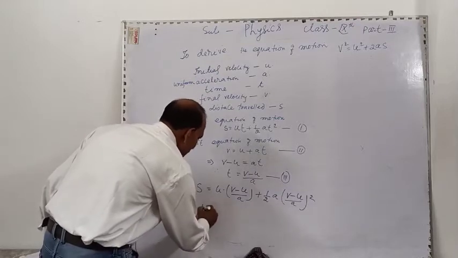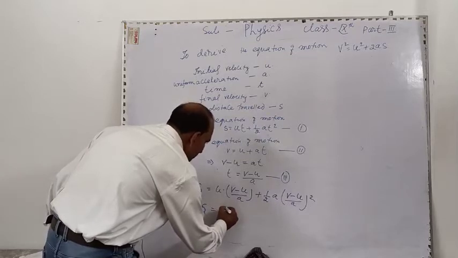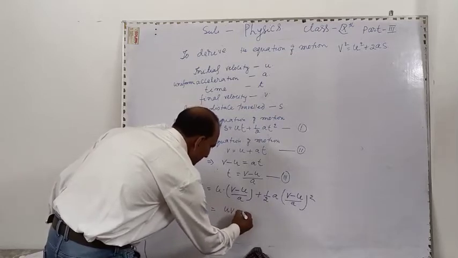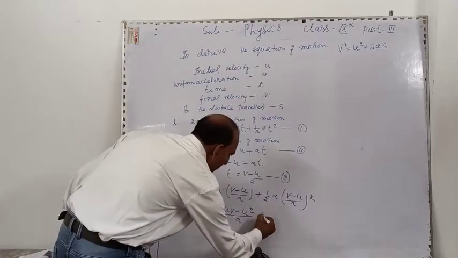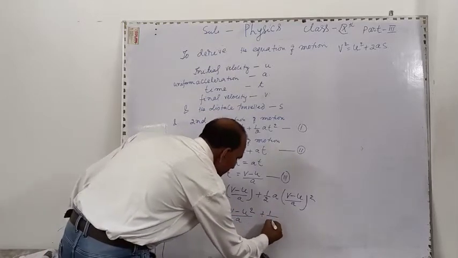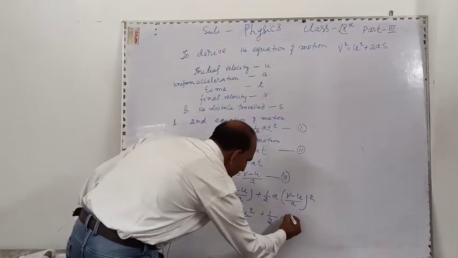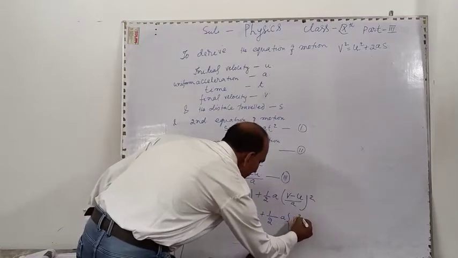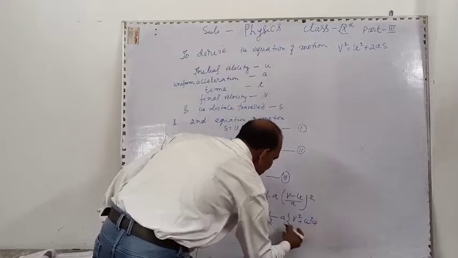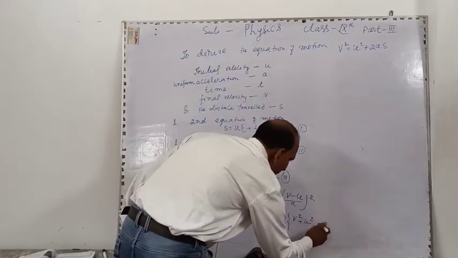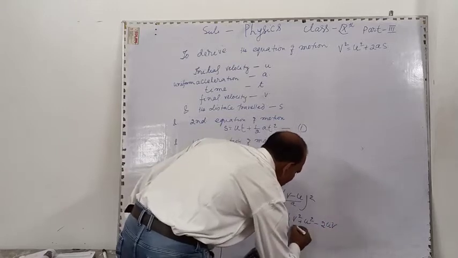This implies s is equal to uv minus u square by a plus 1 by 2 into a into (v square plus u square minus 2uv) by a square.